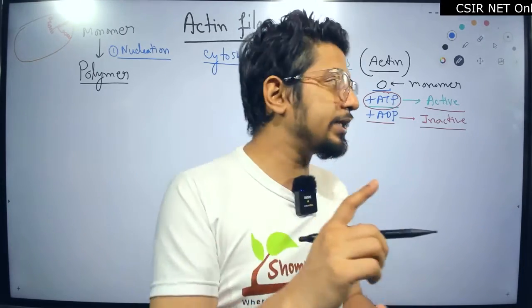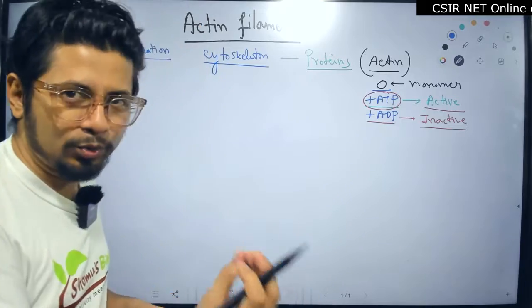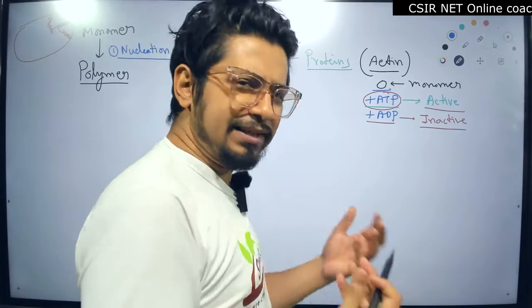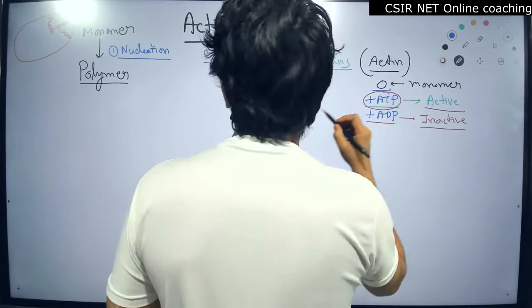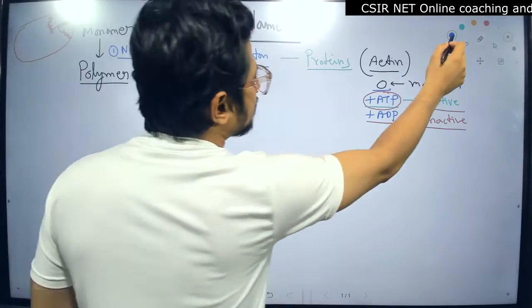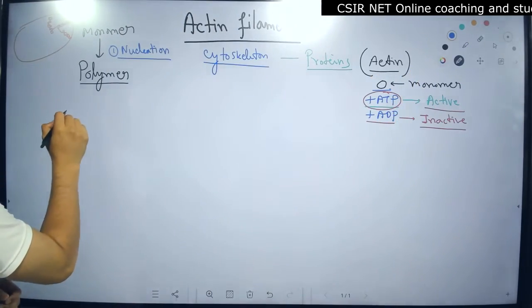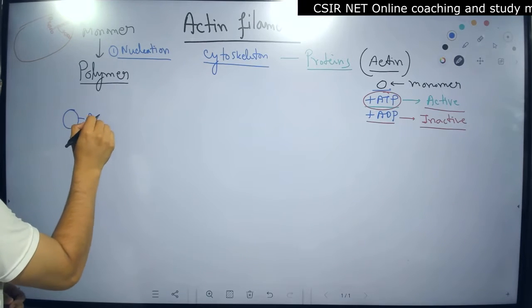ATP once associated to actin provides that glue to that actin. So I consider this as a molecular glue. Remember, at this moment we have actin monomer but with ATP.